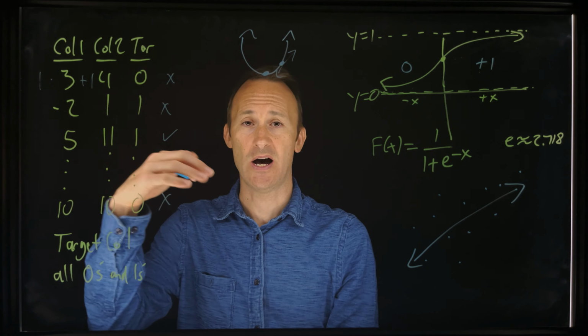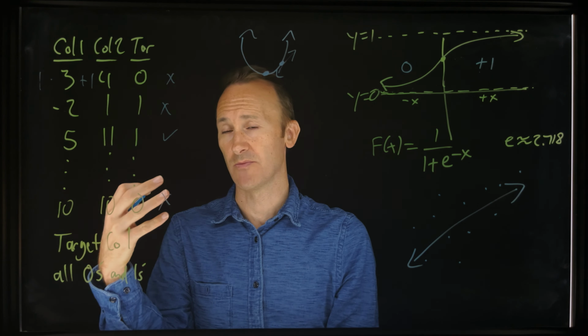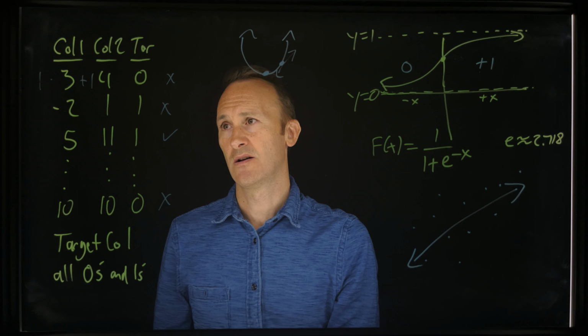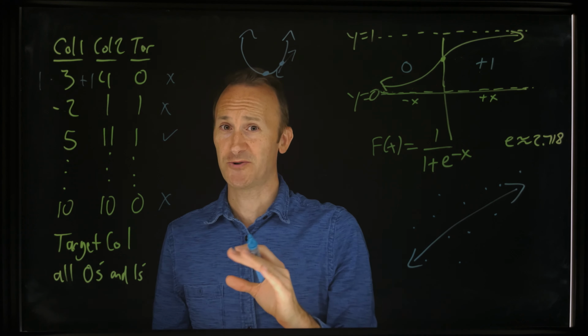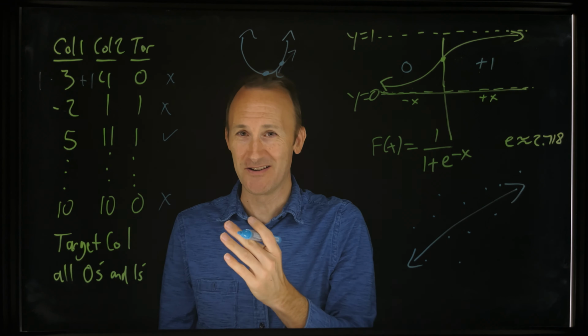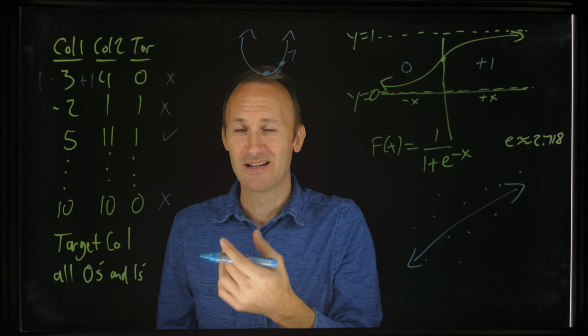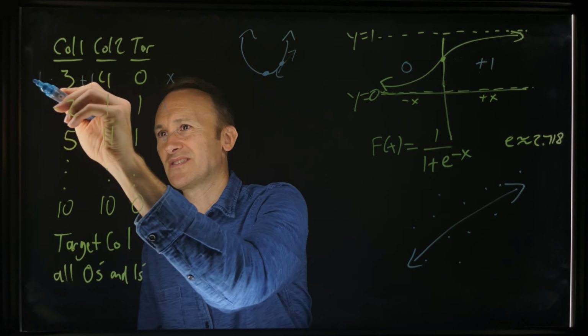Our values are too high. We want to make them low. We want to make them, say, more negative. So if I choose one of these columns to be -1, and I can be a little strategic, right? But the algorithm is going to randomly do it. So let's just randomly do it. What if I say this is -1 now?